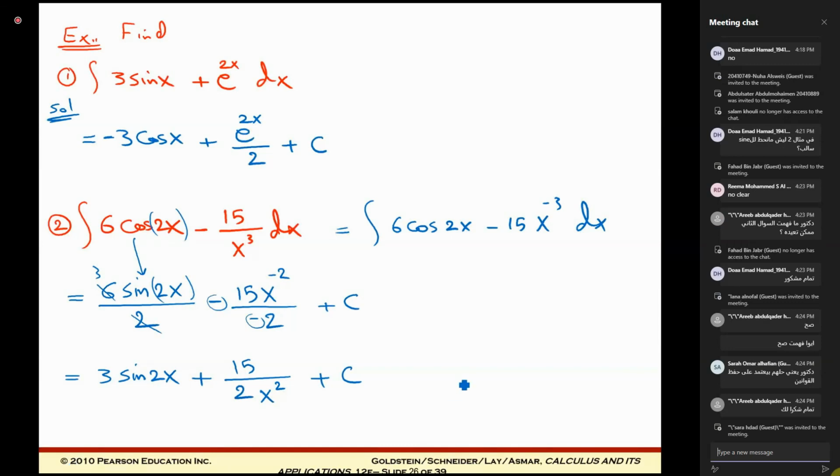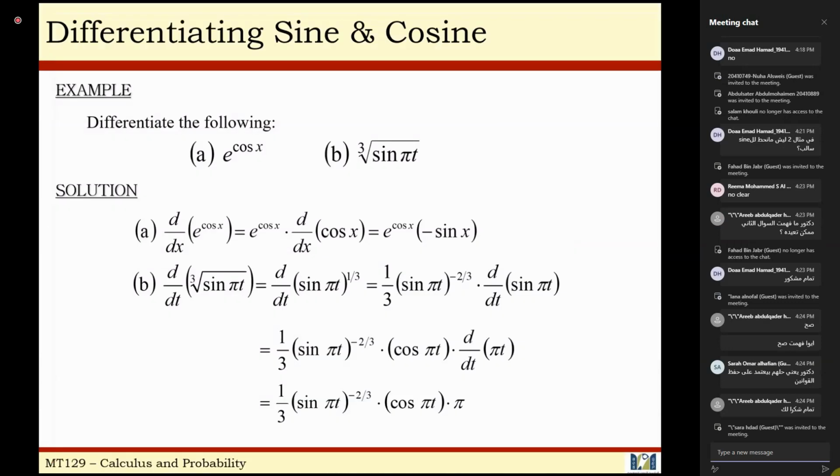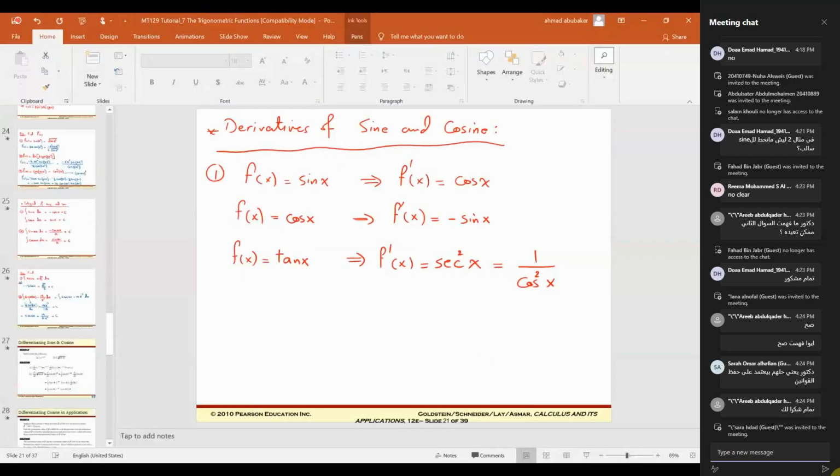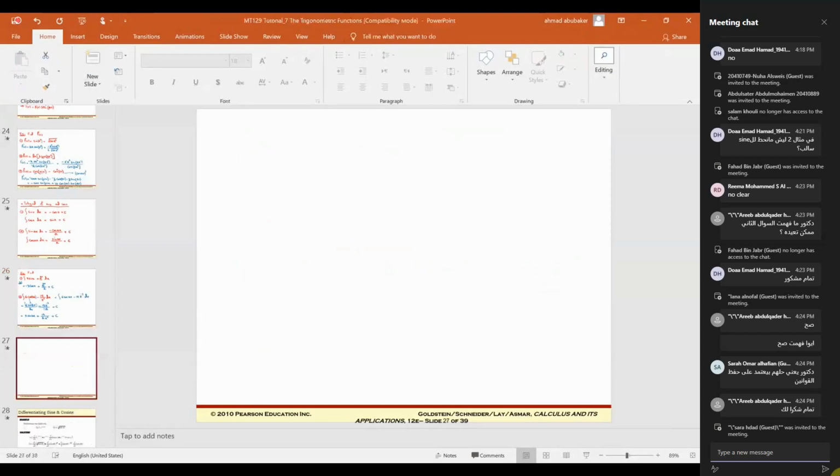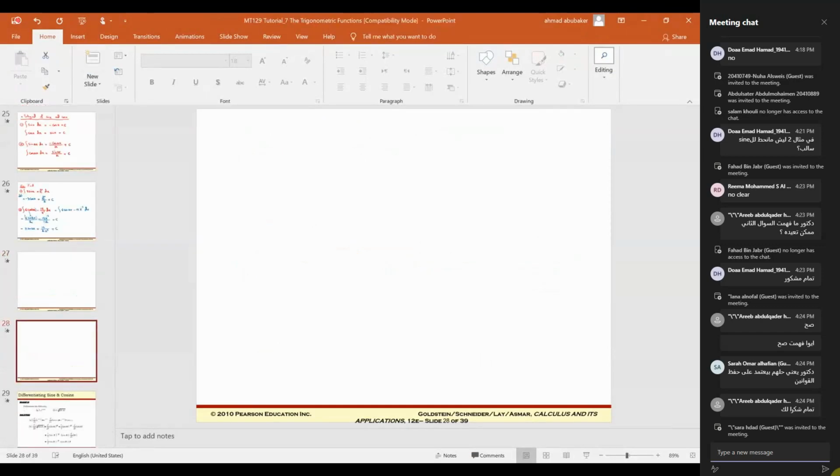Definite integral, number 3, we need to find the integration from 0 to pi over 2 for what? For the 4x minus sine 2x dx.